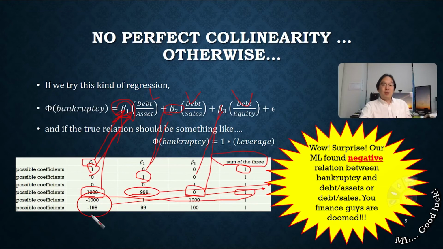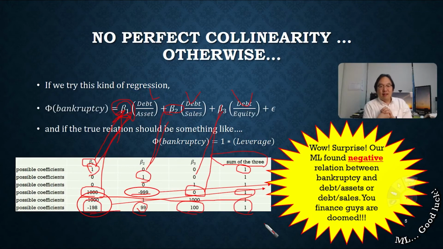For example, in the last line, minus 198 could happen for beta 1, 99 plus could happen for beta 2, and then plus 100 for beta 3. All in all, the summation will be again 1, right? As long as the summation is 1, the machine will happily throw out whatever number randomly.